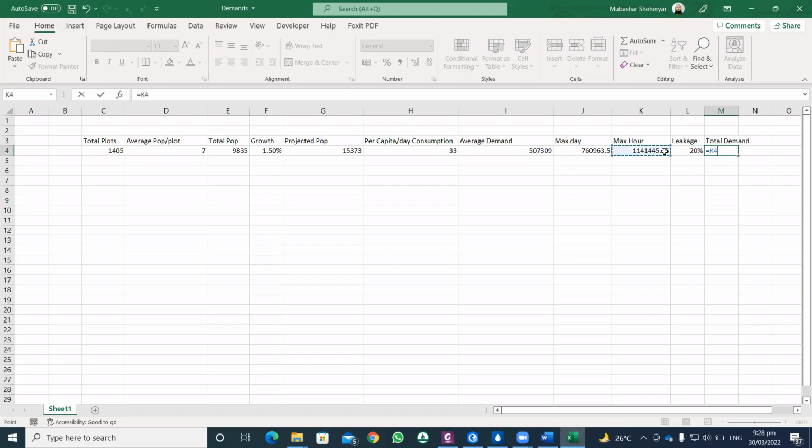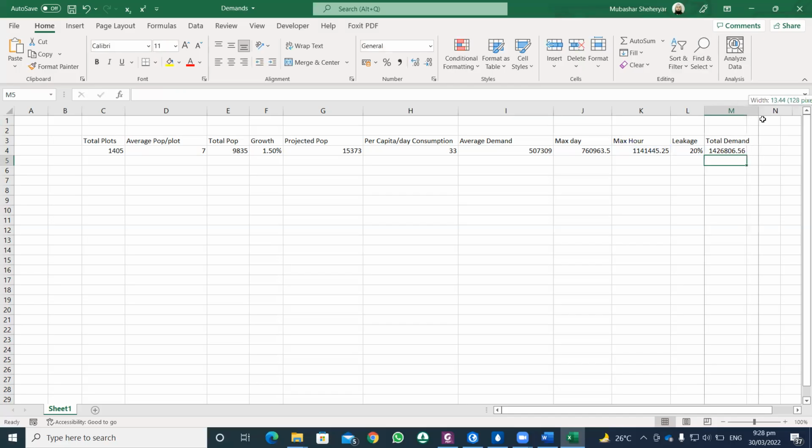I will just calculate it. Basically, in order to design a water supply network, I will be using this maximum demand, and in order to incorporate the maximum hour demand, I will be inserting a diurnal pattern for each node.